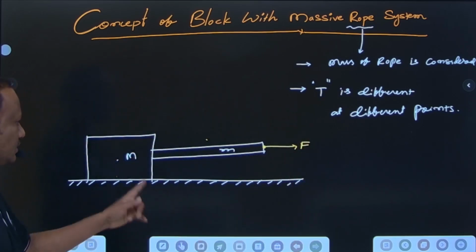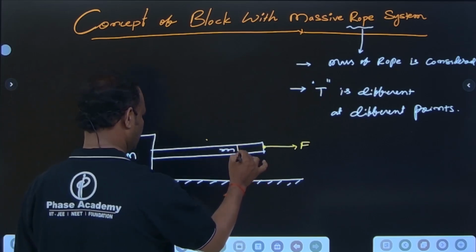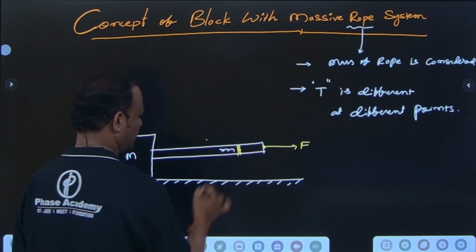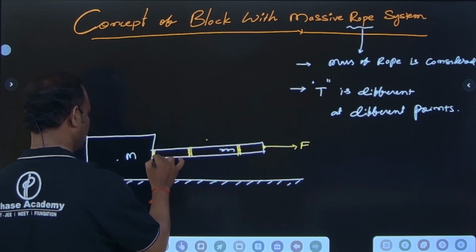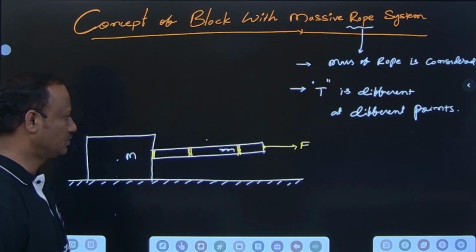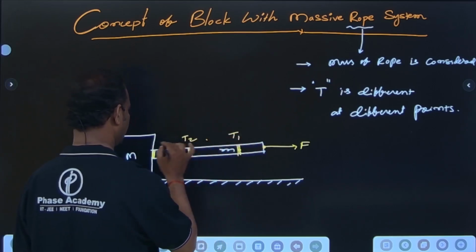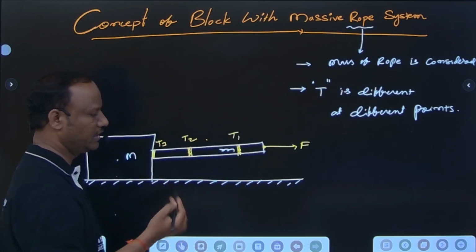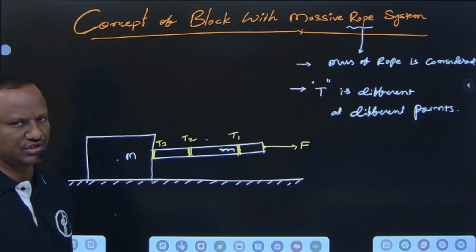When you apply the external force, the tension at different points in the rope, here T1, next T2, next T3, depends on the mass distribution.